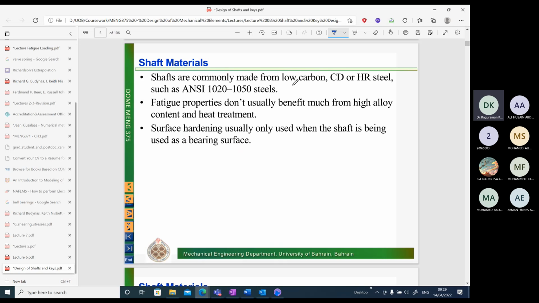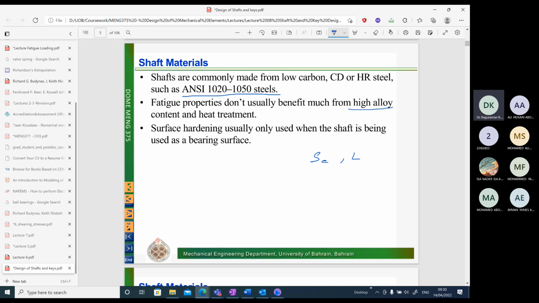Shafts are usually made out of low carbon steel, cold drawn or hot rolled steel, and usually the materials selected are according to ANSI standards, 1020 or 1050 steels. You can also consider it as AISI. Fatigue properties usually don't benefit from much alloying. So however much alloying you do, your SE value does not change.